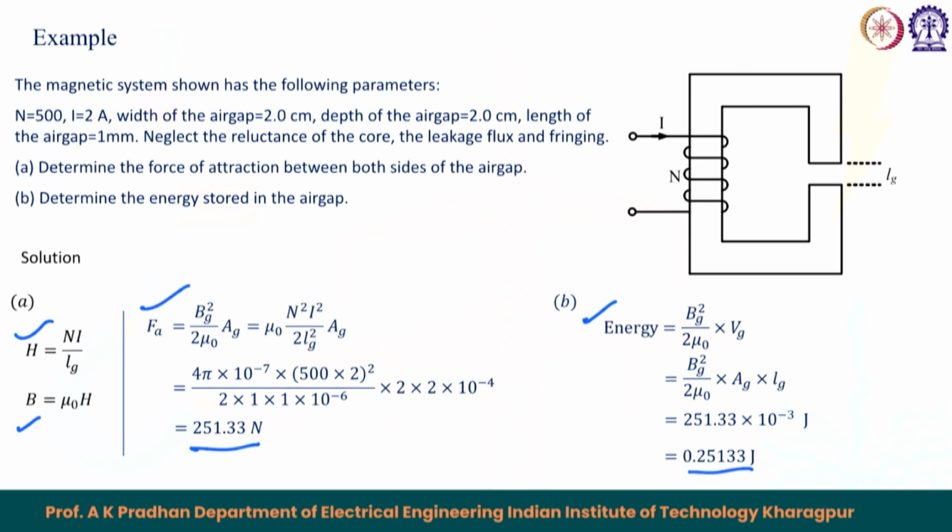Now, you see here, Hg and Bg we found out, and then from there you can find out the corresponding force of attraction between the two sides, and then we get the corresponding energy contained in the air gap to be 0.25133 joule.